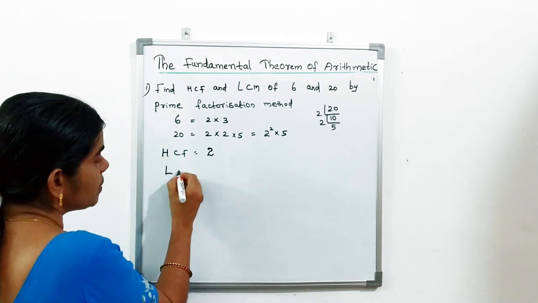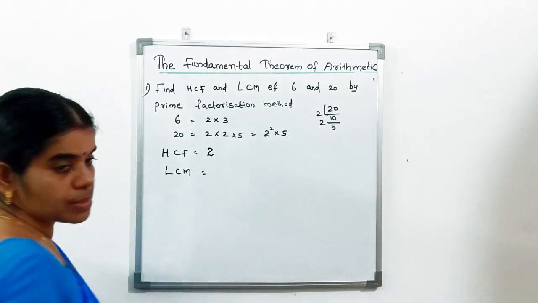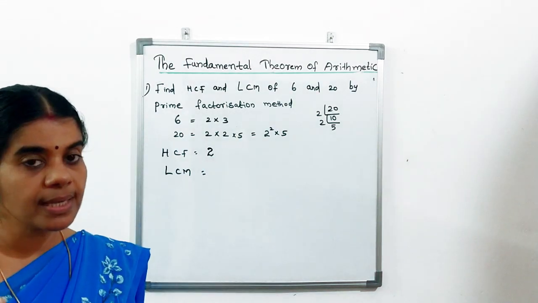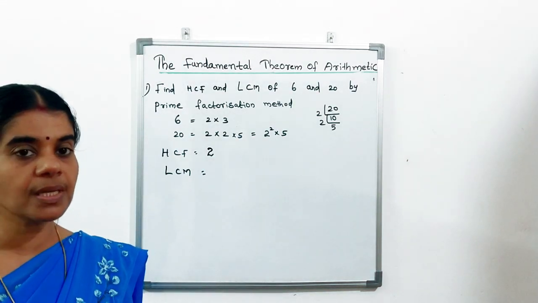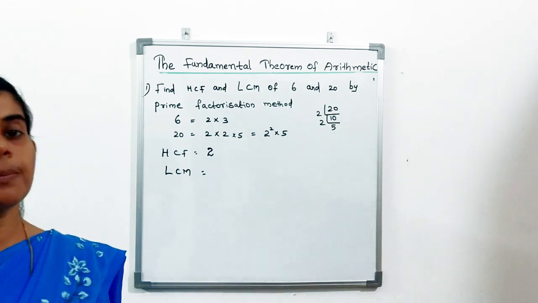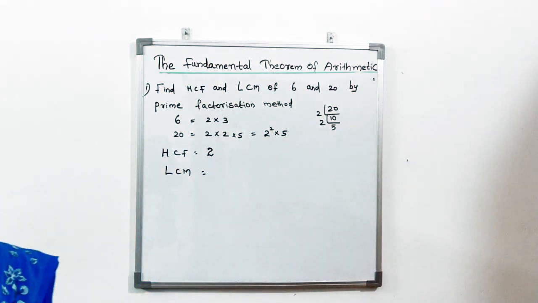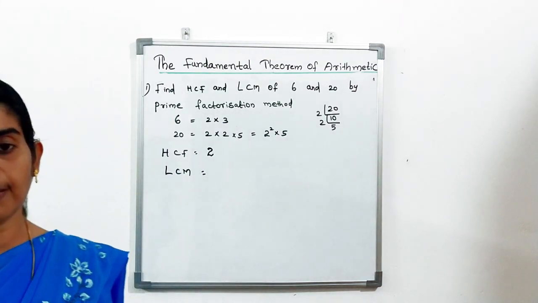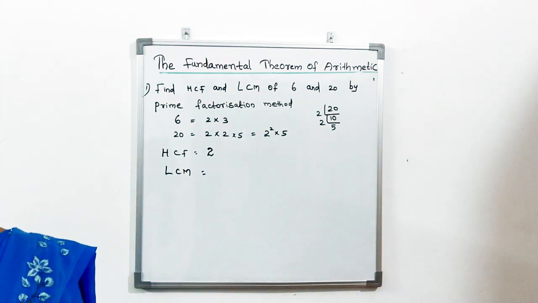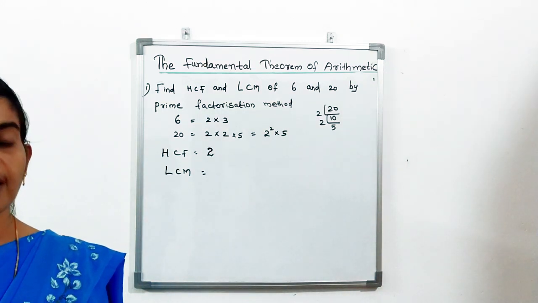Then next you want to find the LCM also. HCF, as I already told, is the highest common factor. You look at the common numbers, and out of that, you take the smaller exponent. That will be the highest common factor. In the case of the LCM, least common multiple, there is no need to look at common factors. Whatever numbers are there, you take its highest power.